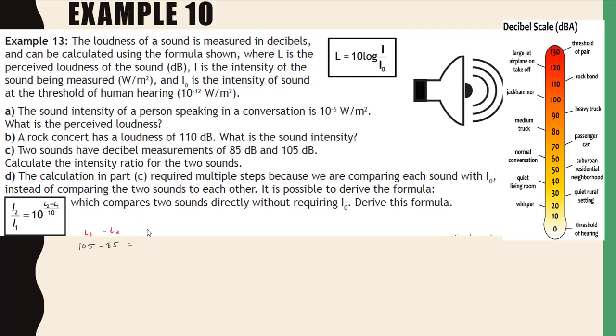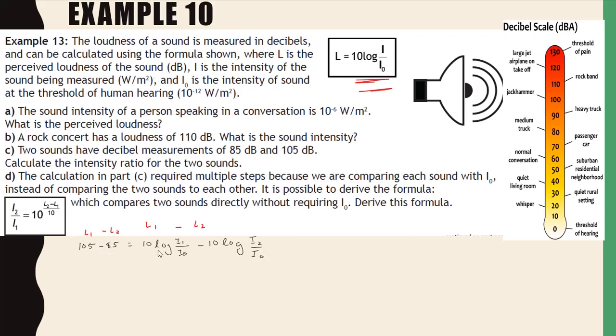On the other side of the equation, I'm going to put loudness 1 minus loudness 2 of the right side of this equation. So that's going to be our 10 log I1 over I0 minus 10 log I2 over I0.